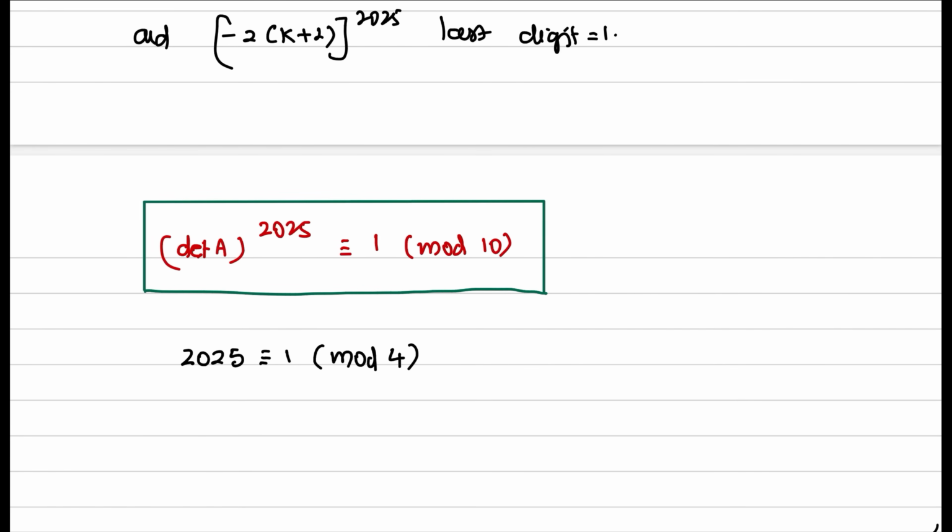Do you agree? When 2025 is divided by 4, it gives a remainder of 1.